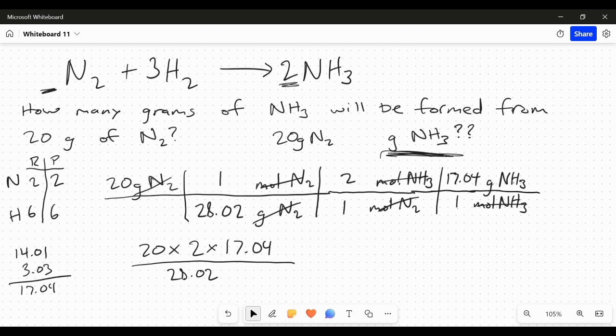So let's solve this out. 20 times 2 times 17.04 equals, divided by 28.02. And our answer is 24.33 grams NH3. We just copied our unit down from here.